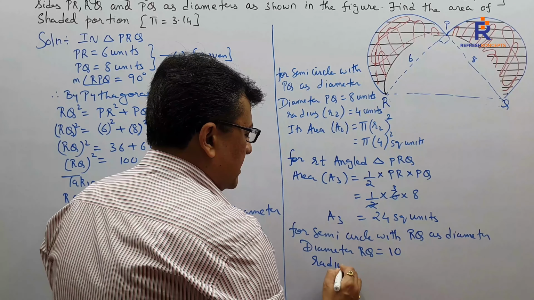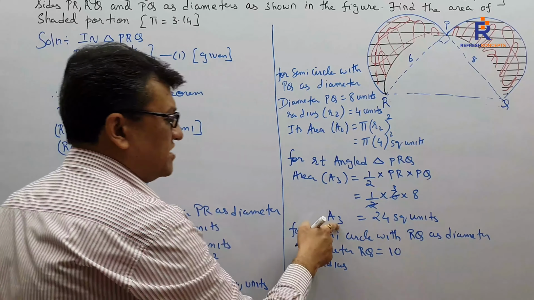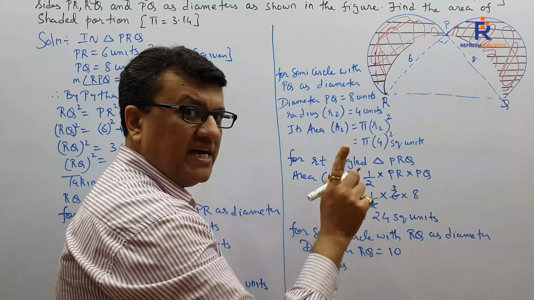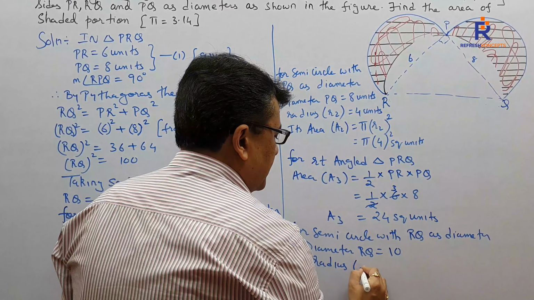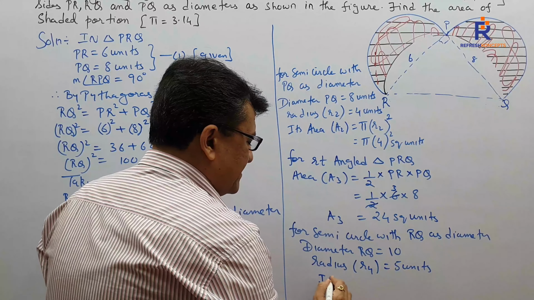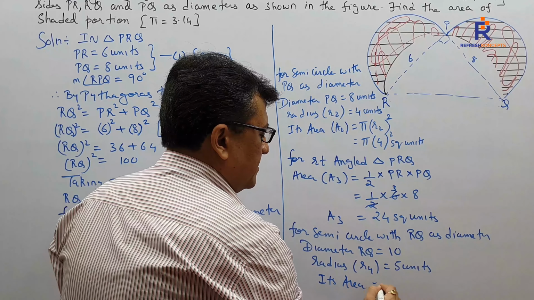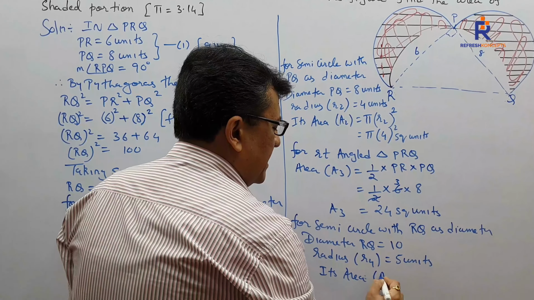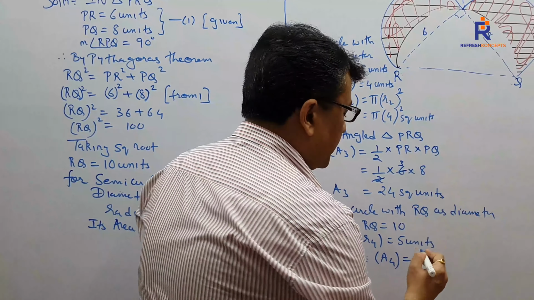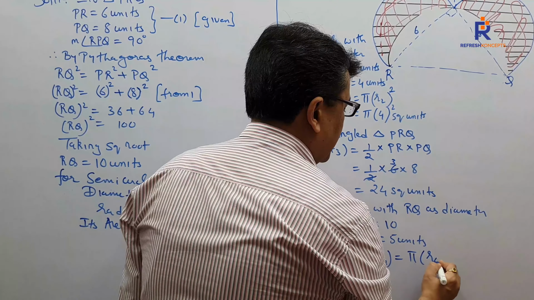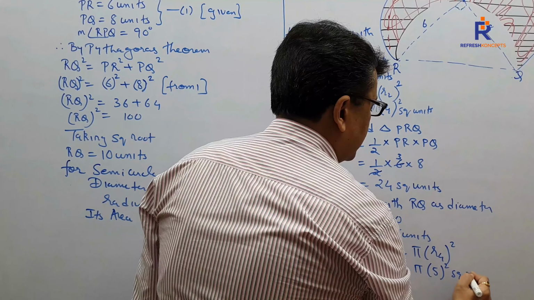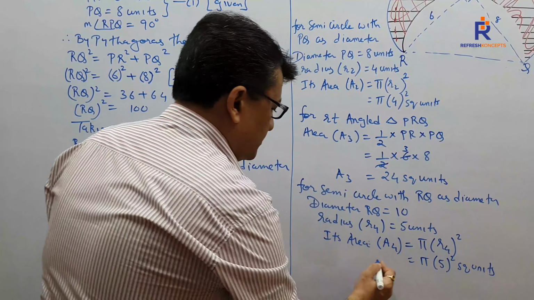Radius, since I have used the suffix 3 over here, I shall say R4. Though we don't have a radius over here, still I shall say R4. Radius R4 is 5 units. Its area is A4, which is pi R4 square, pi 5 square units.